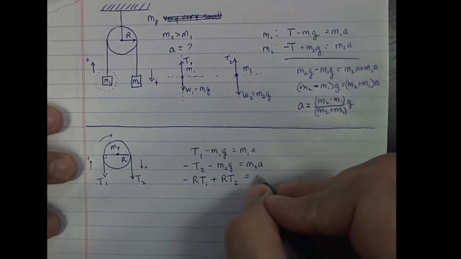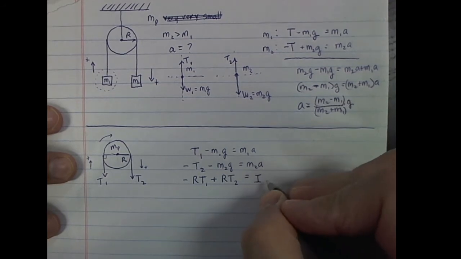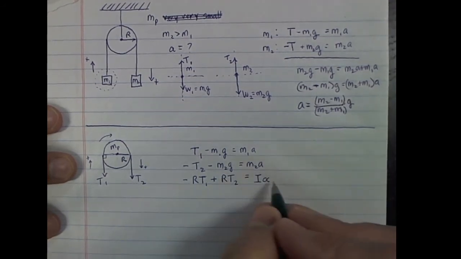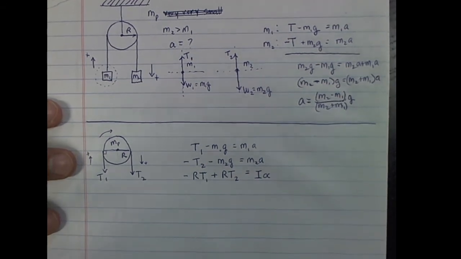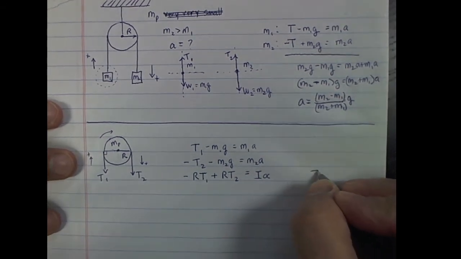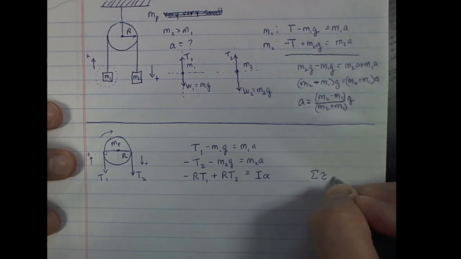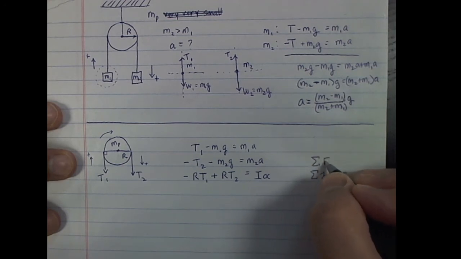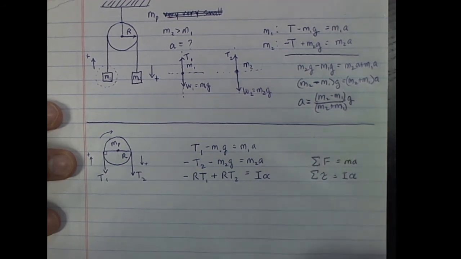That has to equal I alpha. So this is Newton's second law for torques: the sum of the torques equals I alpha. It corresponds to the sum of the forces equals MA.